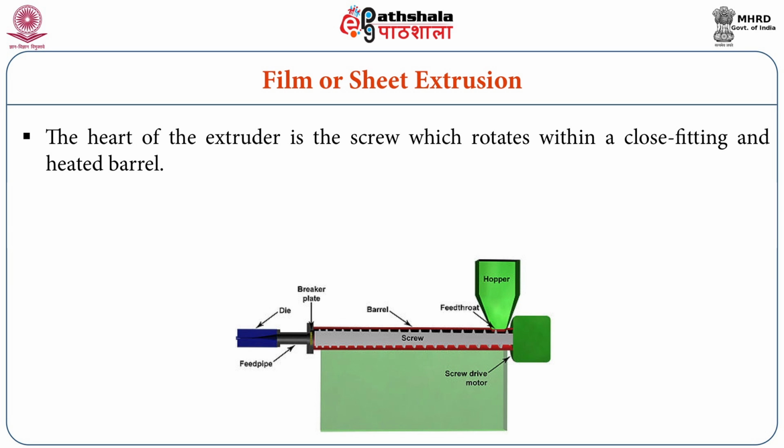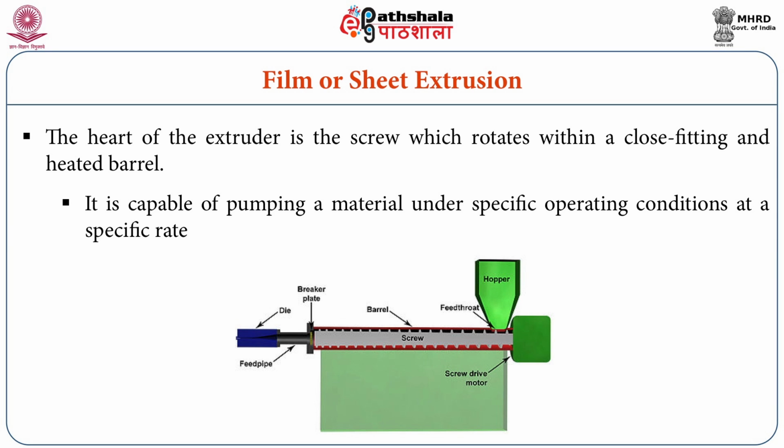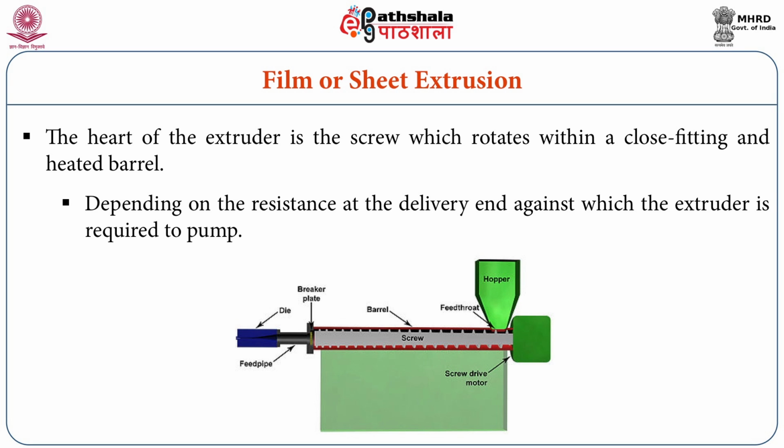The heart of the extruder is the screw, which rotates within a close fitting and heated barrel. It is capable of pumping a material under specific operating conditions at a specific rate, depending on the resistance at the delivery end against which the extruder is required to pump.